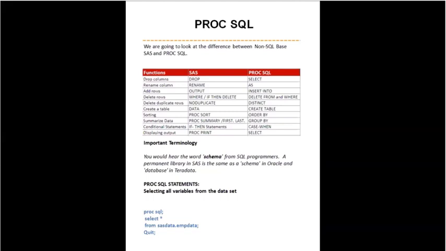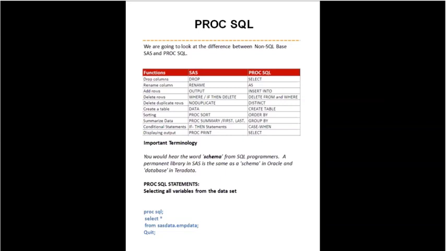If you want to summarize the data, you can use PROC summary, which is equivalent to PROC means, or you can use first dot last dot with the retain statement, as I have explained to you. Here you can use the group by clause, and you can basically summarize the data on the categorical variable that you have.